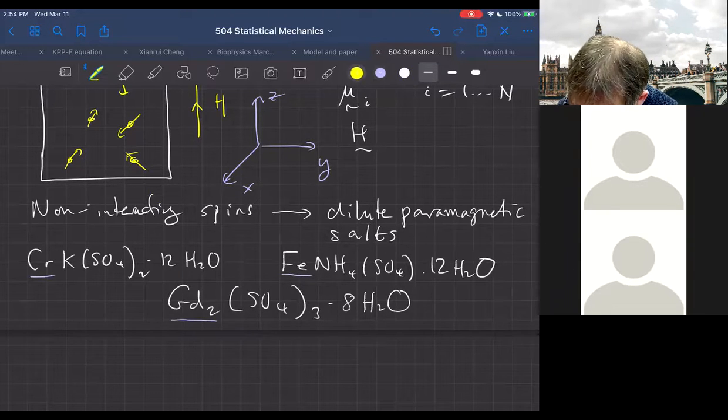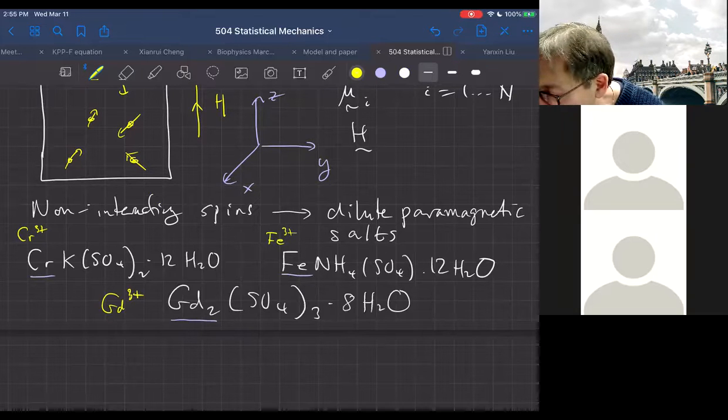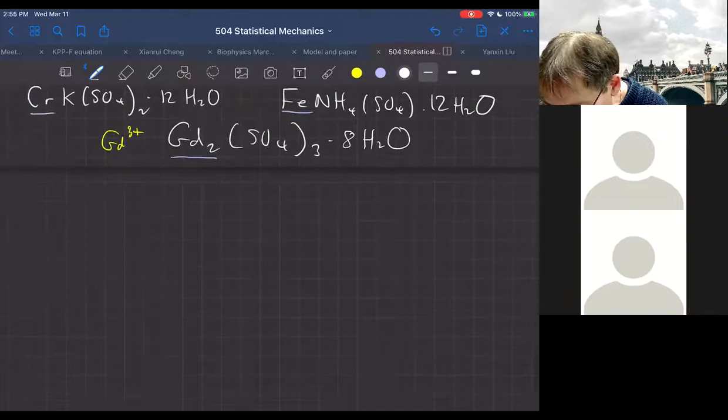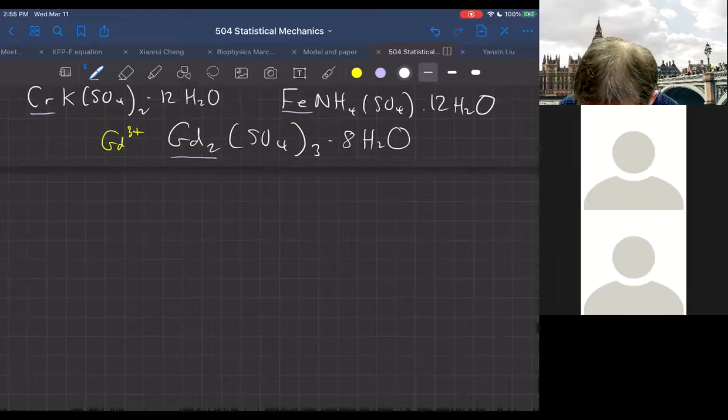And in fact, what is the valence state of these ions? So this is a chromium 3 plus. This one here is an iron 3 plus, and this one here is a gadolinium 3 plus, if I got this right. So what we need to know then is what the angular momentum states are that correspond to these ions.